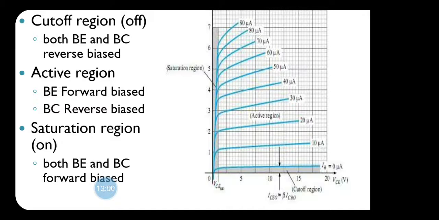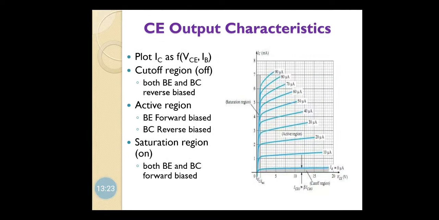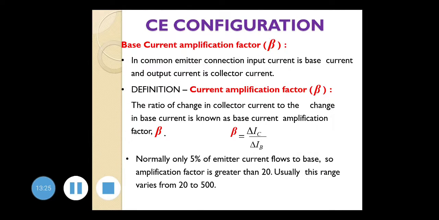In saturation mode the current is maximum, the highest current flows, and the output voltage is 0. And in active mode you have moderate collector current as well as moderate output voltage. So the active region is a balanced region. I hope you have understood the common emitter configuration VI characteristic.